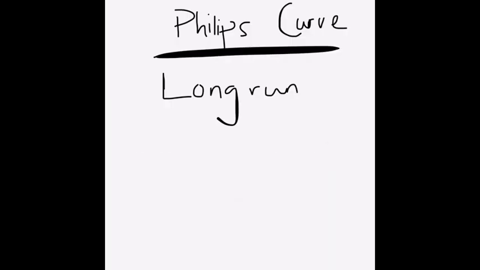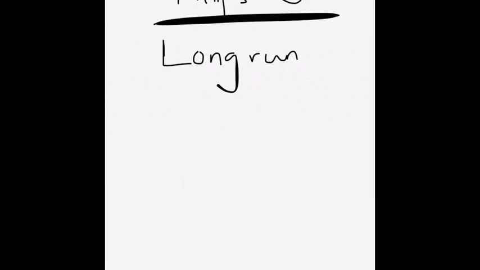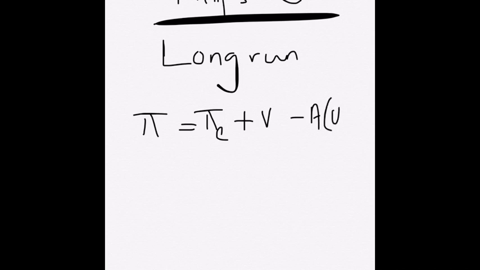We'll start off by trying to recall the equation of the Phillips curve, that inflation was impacted by expectation of inflation and supply shocks, and besides that, it was impacted by the difference between unemployment and the natural rate of unemployment.